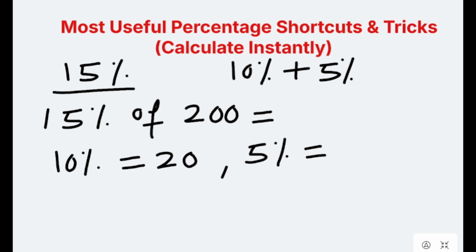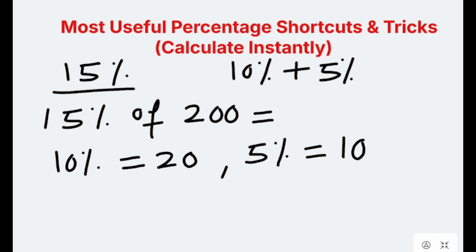Take 10% and divide by 2. So what is 10% of the number? You move the decimal one place left, which is 20, right? And then you divide by 2. 20 divided by 2 is 10.